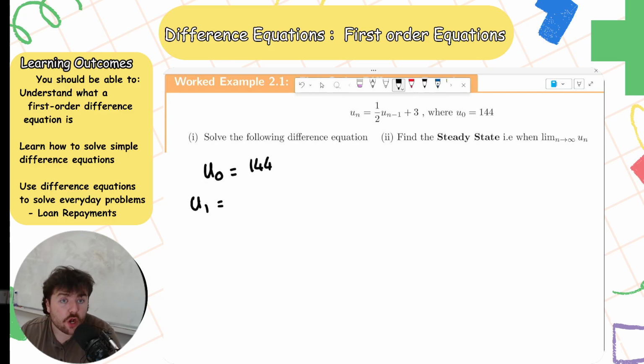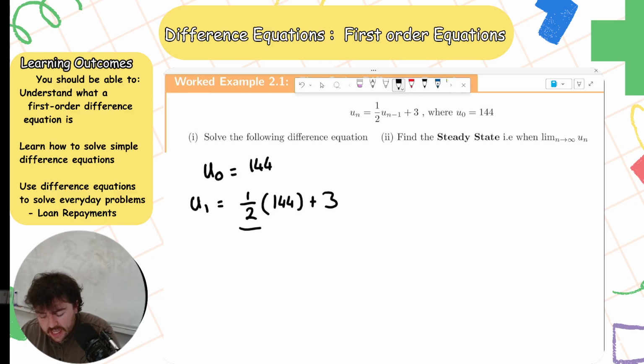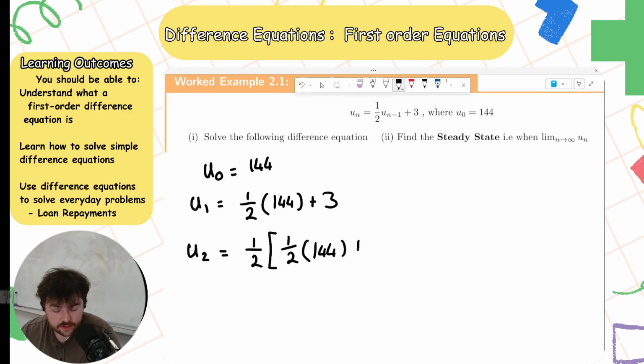Well, if we look at my recurrence relation here, it's a half the previous term plus 3. So it would be a half times 144 plus 3. This is known as expanded form, so don't multiply that out. u2 is going to be a half of the previous term, and the previous term being a half times 144 plus 3.